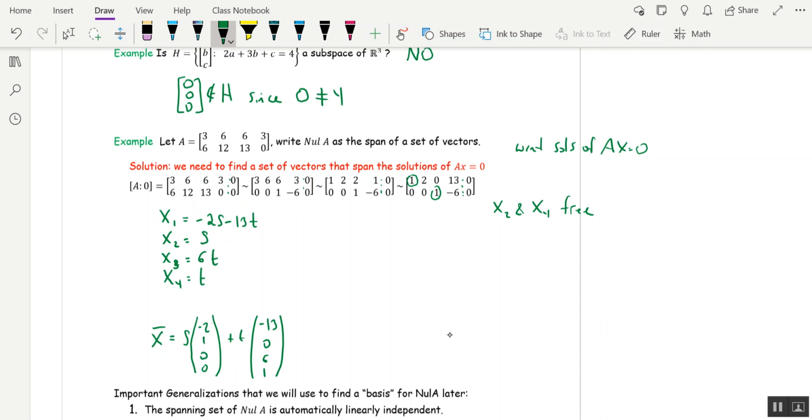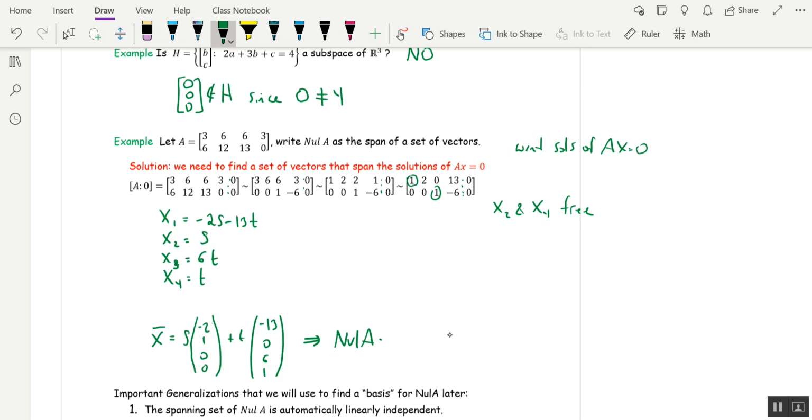Okay, now we go back and we read the question because we've kind of forgotten what we're doing. Write null A, that's the set of solutions of AX equals 0, as a span of a set of vectors. Well, here's what any guy in null A looks like. So null A, now it's very easy to do.